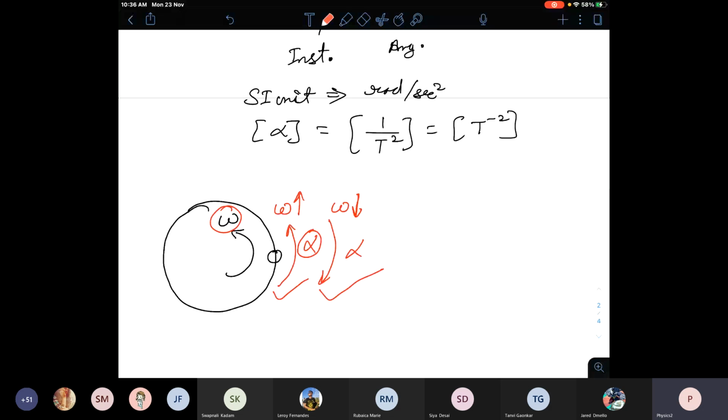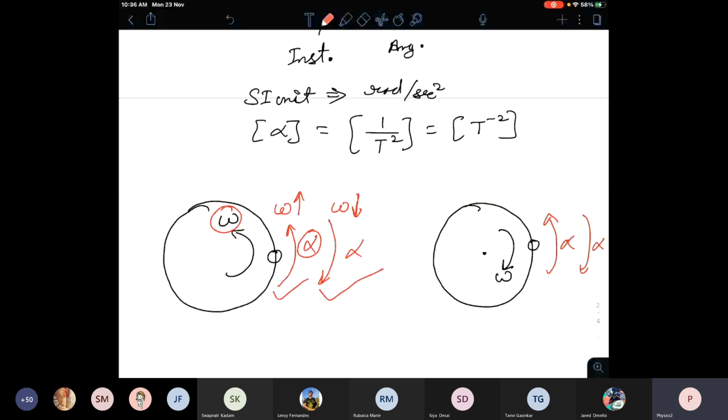The second variation is that if your omega is like this, if your particle is going clockwise, again your alpha can be in two directions, like this and like this.